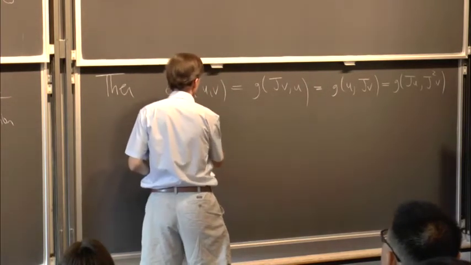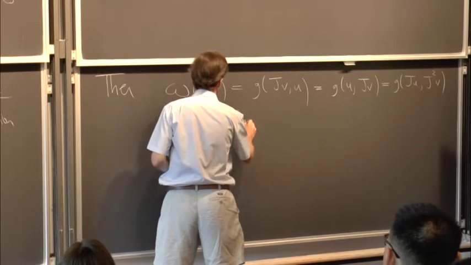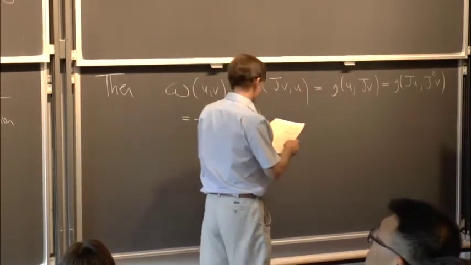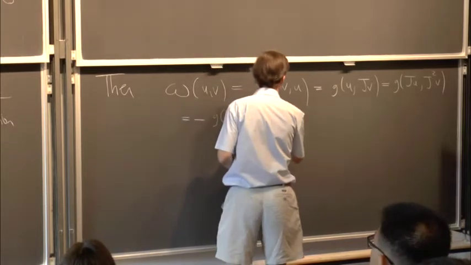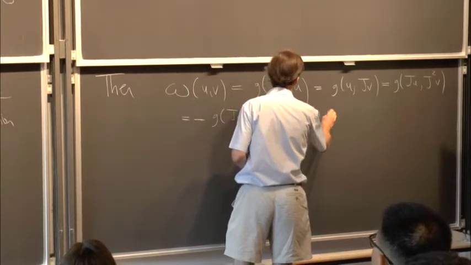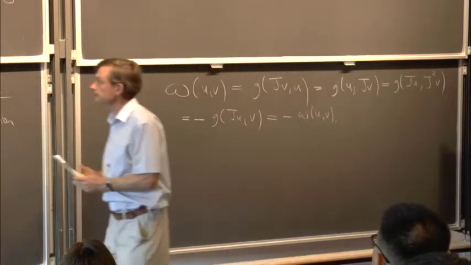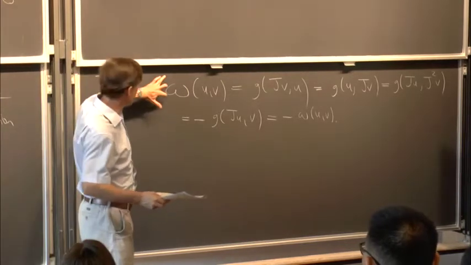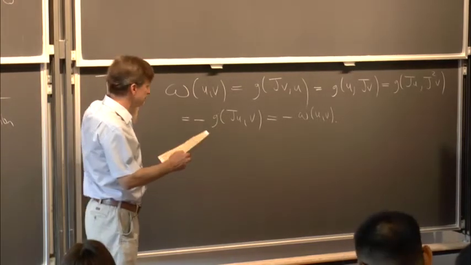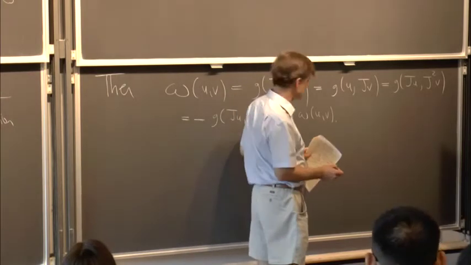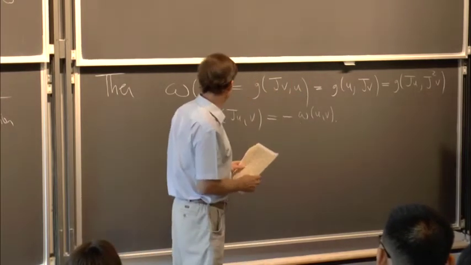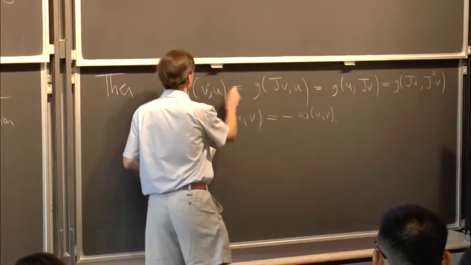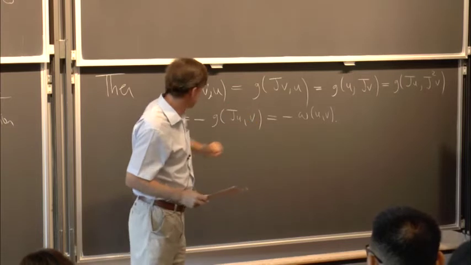So this is now minus g(Ju, v), because J squared is minus the identity, which is minus omega(u, v). This shows that omega is antisymmetric in its two indices: omega(v, u) ends up being minus omega(u, v).